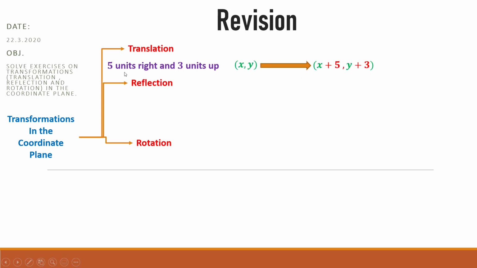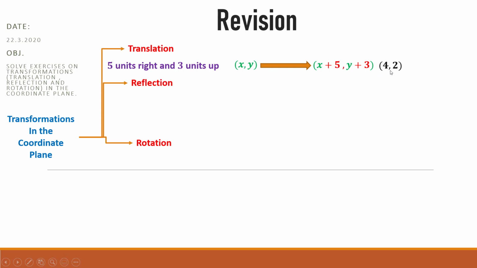If we move it 5 units right, add to x. If it's left, subtract from x. And here we have 3 units up, so add to y. If it's down, subtract from y.